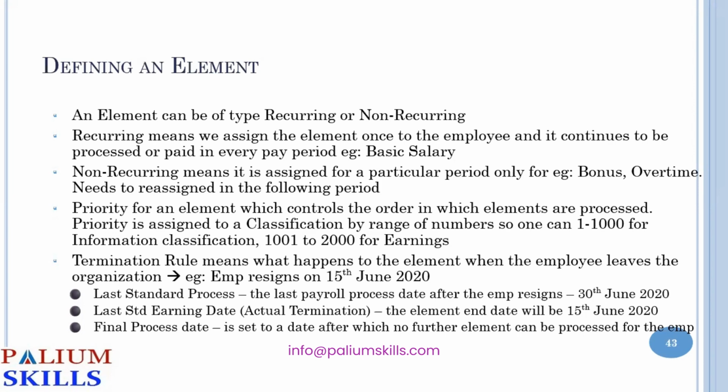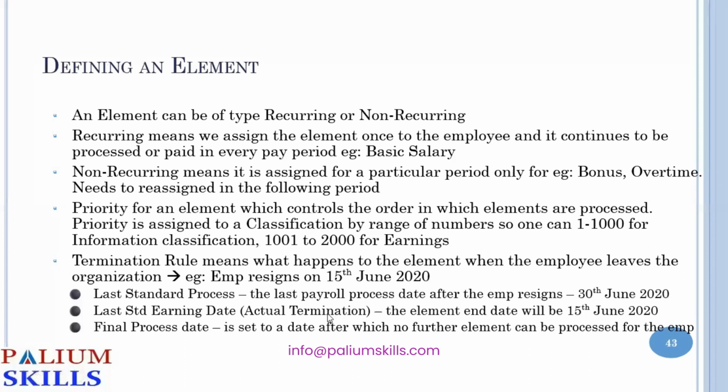Termination rule means what happens to the element when the employee leaves the organization. For example, the employee resigns on 15th of June 2020. If the termination rule says last standard process, that means the employee will be processed in the final payroll, which, if it is a monthly one, could be 30th of June.